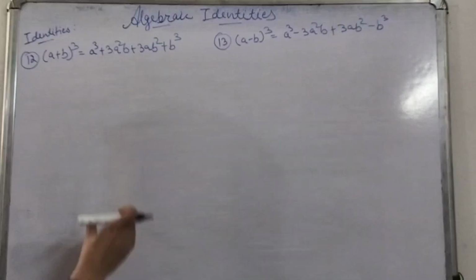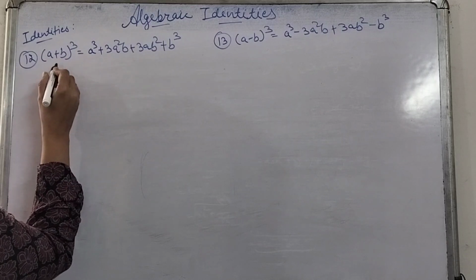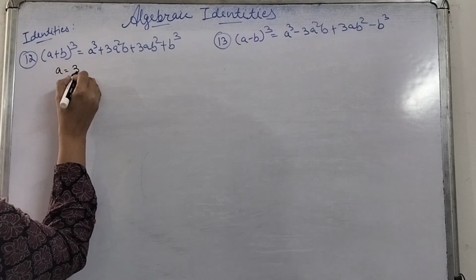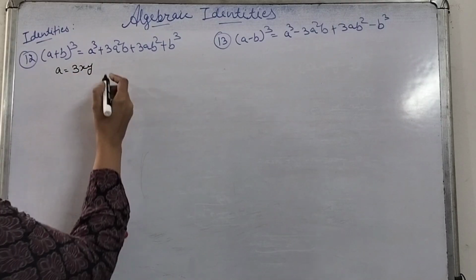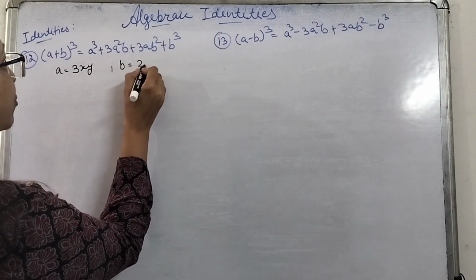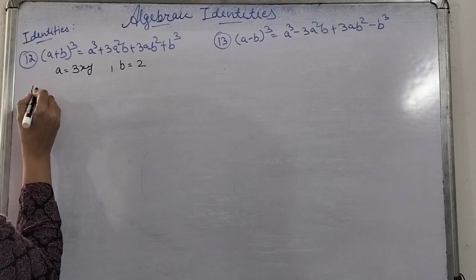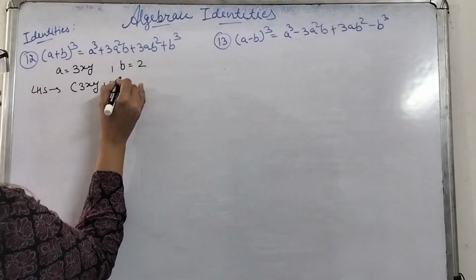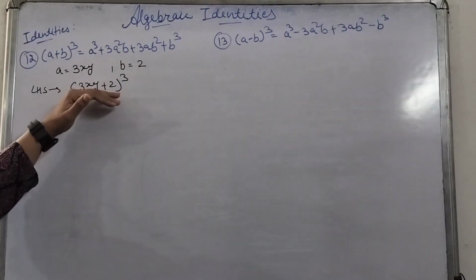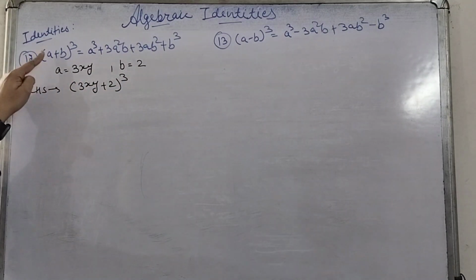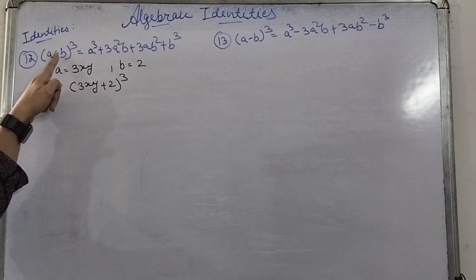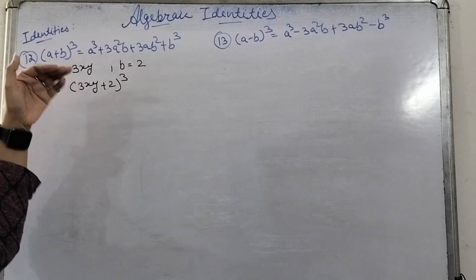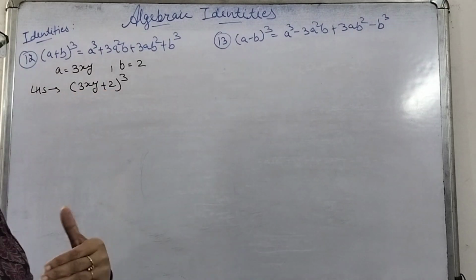Now let's take an example. Suppose the value of a we are replacing by 3xy, and the value of b by 2. If we have to find the cube of (3xy + 2), we have replaced a by 3xy and b by 2.